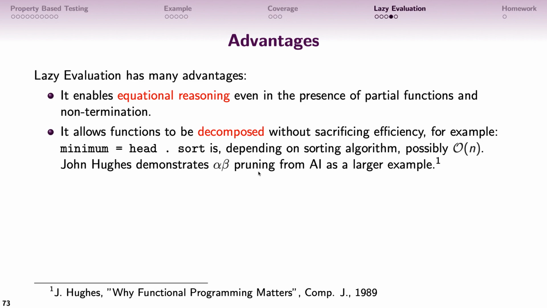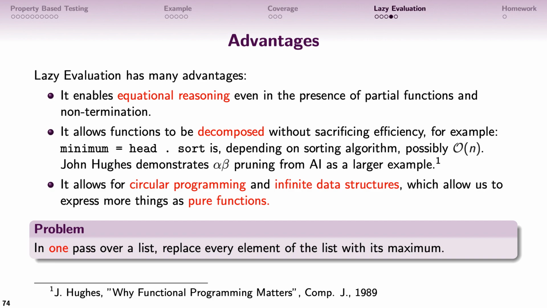Okay, so the other thing that lazy evaluation allows us to do is what's called co-recursive or circular programming. And this allows us to generate infinite data structures. So I'll show you some examples of these infinite data structures in a moment, but one of the really cool things about circular programming is it allows you to do something like, in one pass over a list, replace every element of a list with its maximum, right?